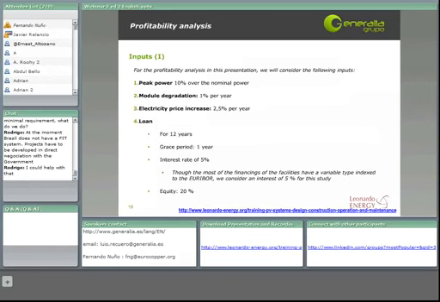We will consider a module degradation of 1% per year, which is also quite a good consideration if we take into account that the panel manufacturers guarantee 10% during the first 10 years and then 20% during the remaining 15 years.